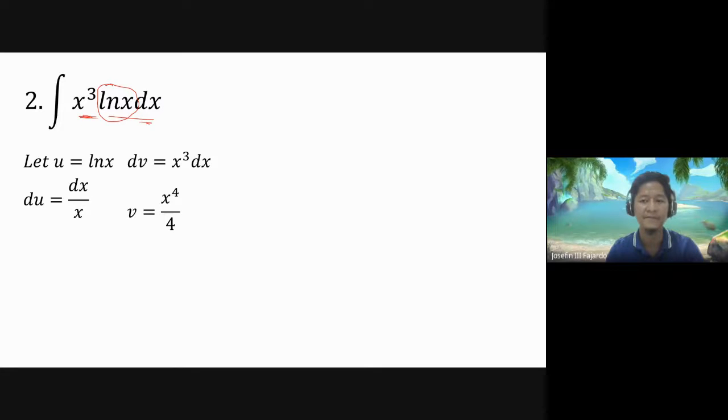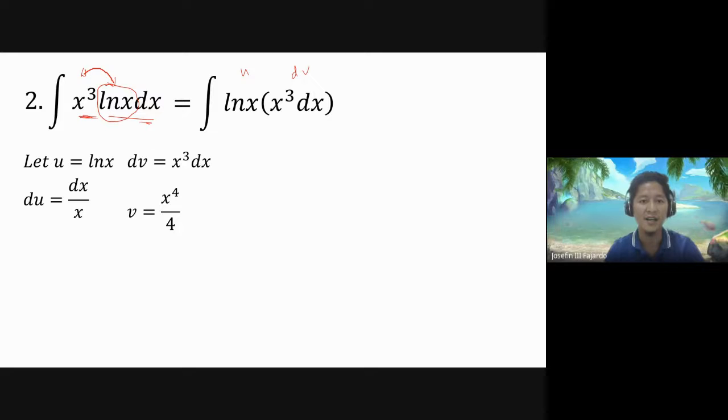Okay? So, or basically, pagpalitin natin ito. So parang ganito lang yan, di ba? Okay? So ito na yung aking u. Ito yung aking dv. So I can now use my formula a while ago.